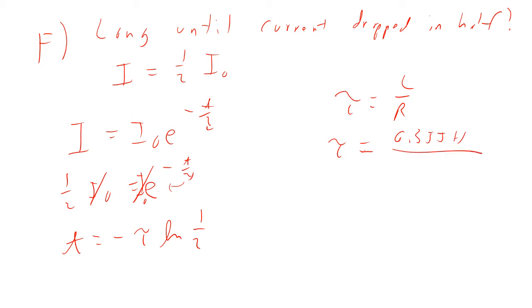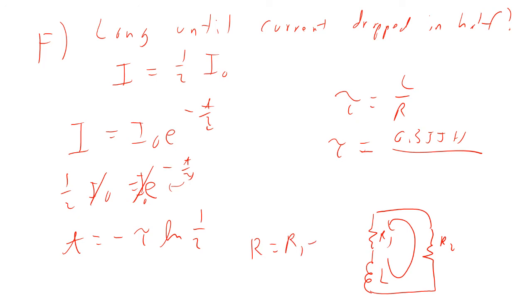But R is now both resistors, because if you look at the circuit, we've got R1, we've got the inductor, we've got R2, so the current is going through both of them. So the R in the circuit here is going to be R1 plus R2. So that would be 775 ohms.